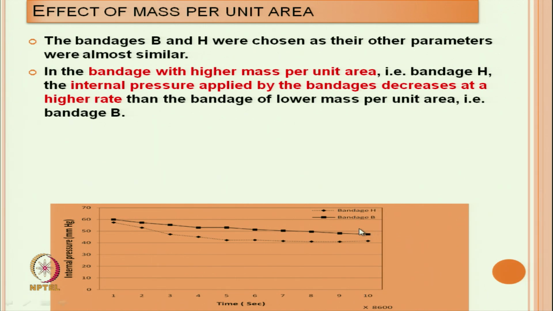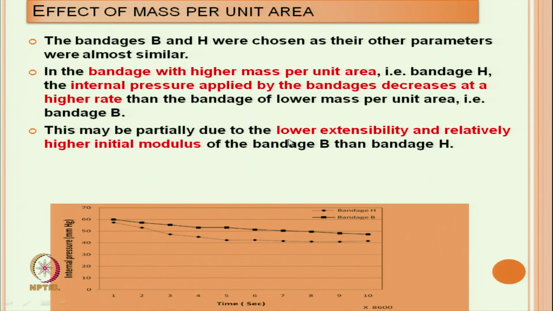If we see these two graphs, for bandage H the internal pressure drop is high; it decreases at a higher rate than the bandage with lower mass per unit area. So, the heavier bandage is showing a higher drop in pressure.